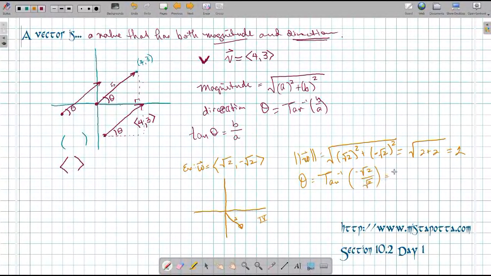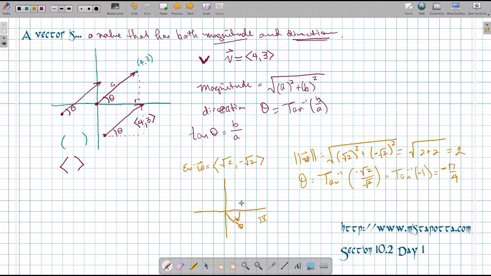But this is really tan inverse of negative 1, which is negative pi over 4. Notice, of course, because I'm dealing with this negative pi over 4, I am talking about an angle in the fourth quadrant.